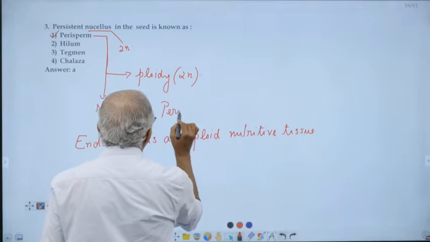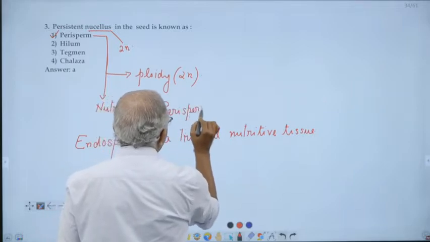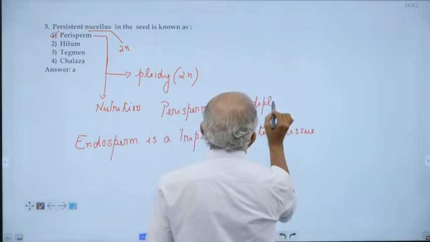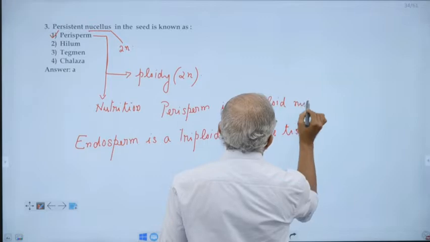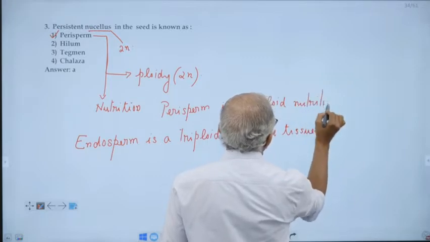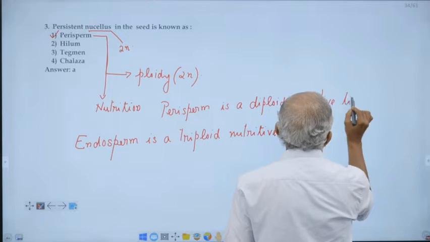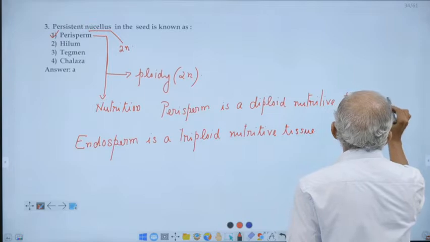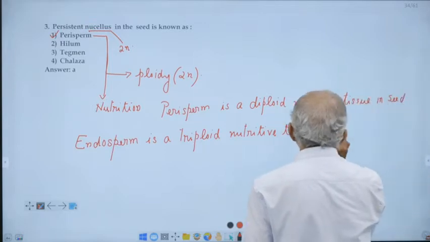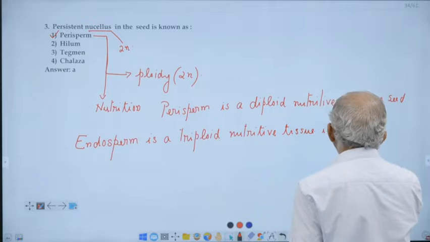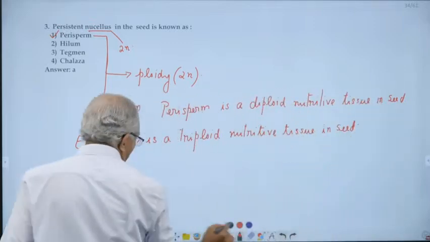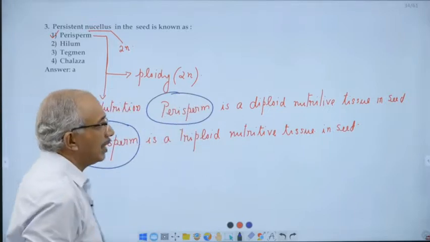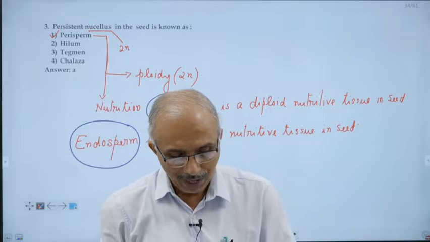Perisperm is a diploid nutritive tissue in seed. Endosperm is also in seed. So, endosperm and perisperm. Next.